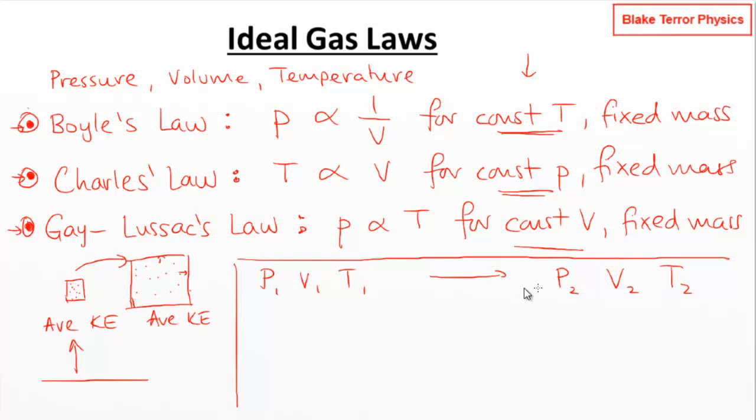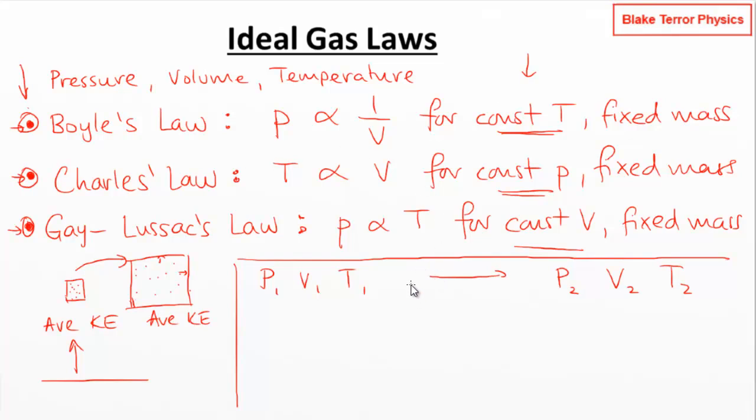We want to find a path where we can use these three laws and say, aha, because we followed these laws, we can say how P2, V2, and T2 are related to P1, V1, and T1. And we can't do that unless we follow these three rules.